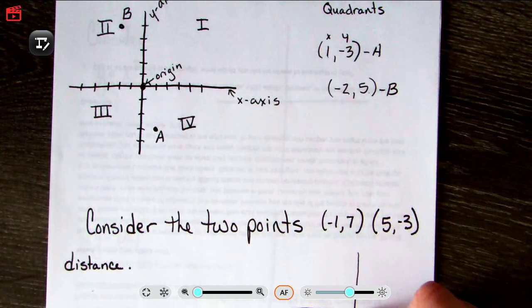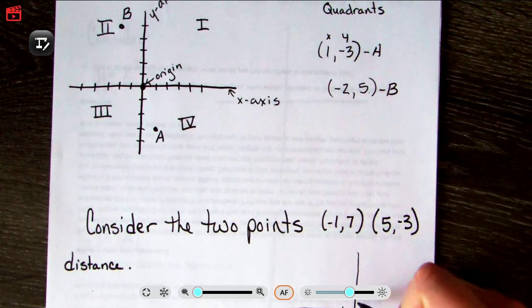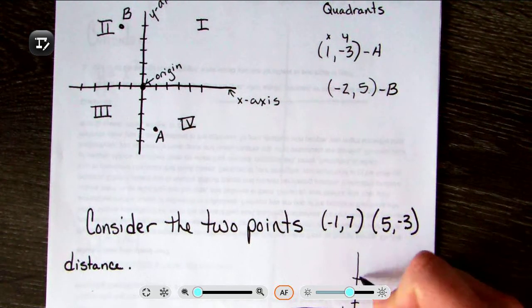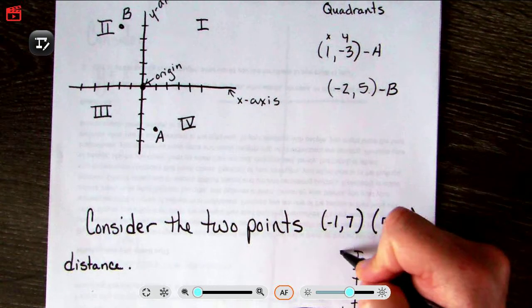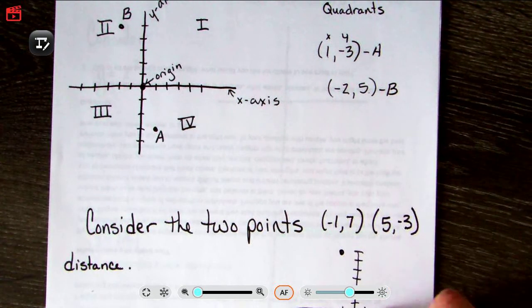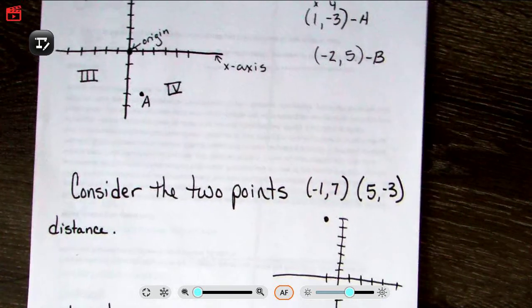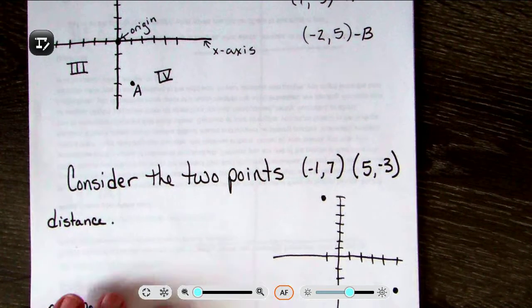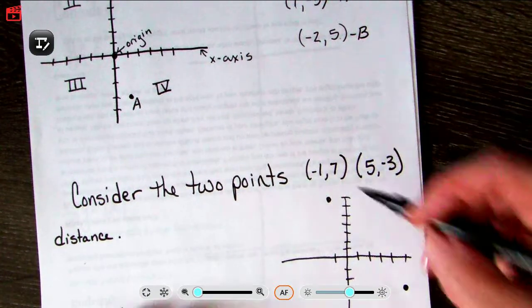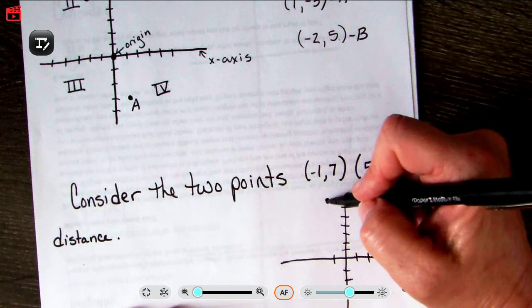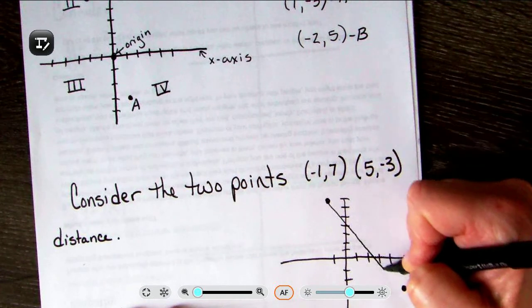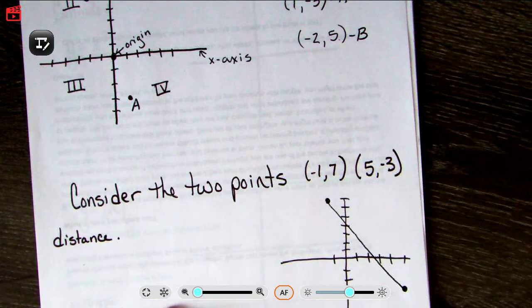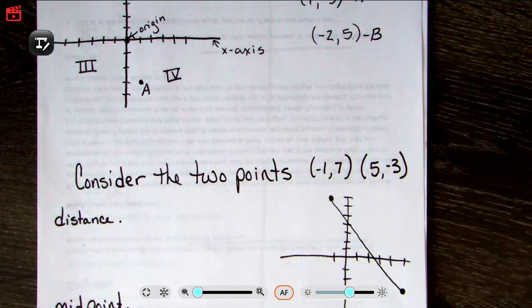So I'm going to draw these 2 points, negative 1, 7, and 5, negative 3. So there are those points. Okay, and we are going to find the distance. And when we talk about distance, we mean the straight line distance between those two.